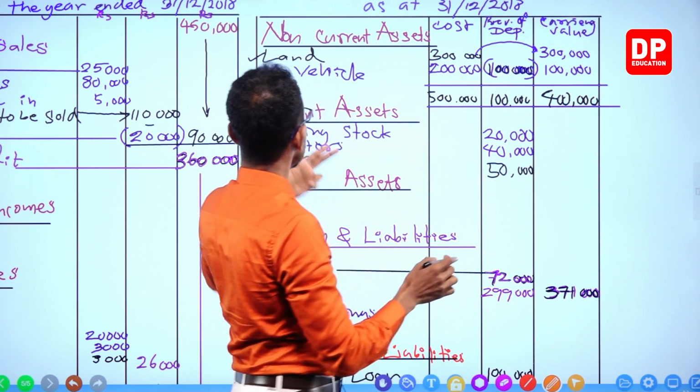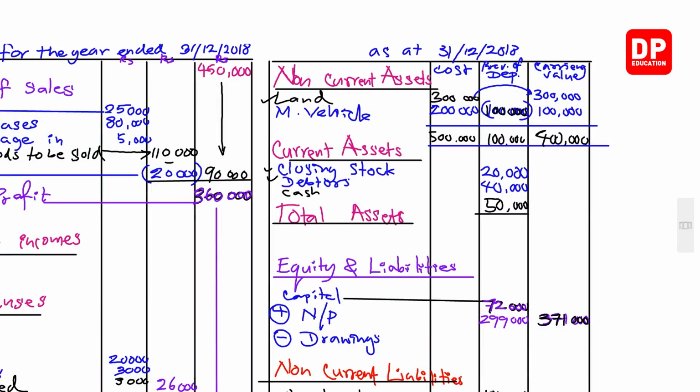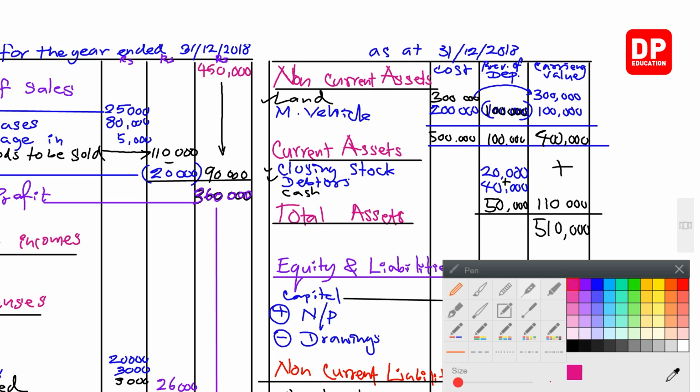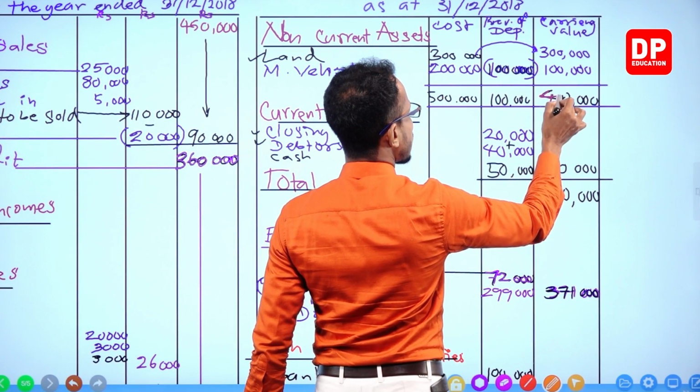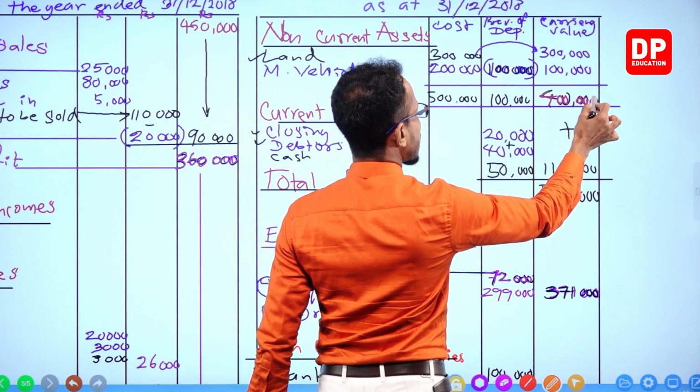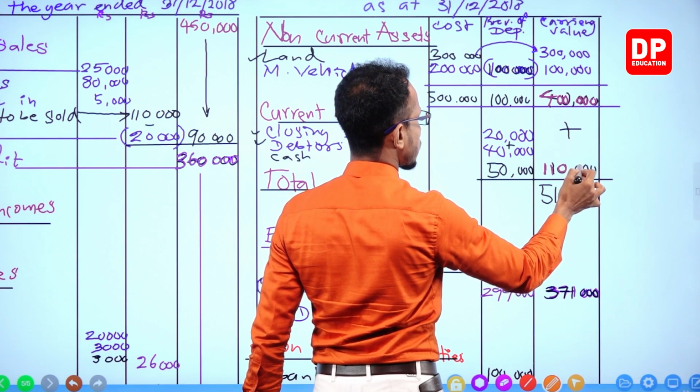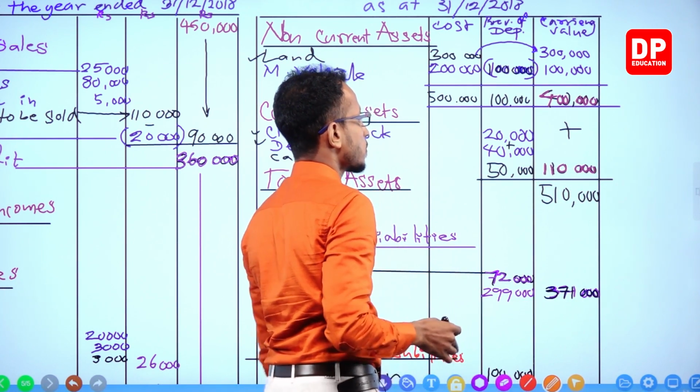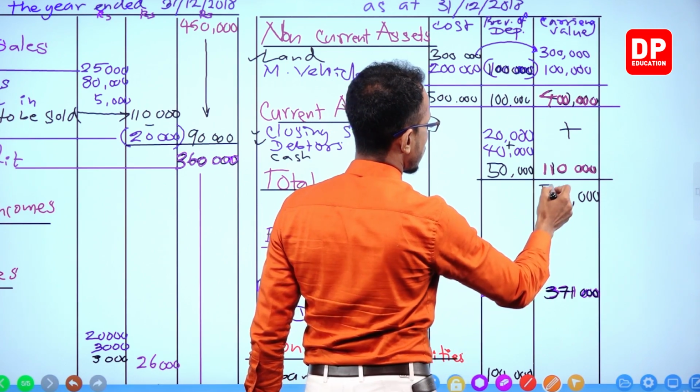Plus current assets total. How much? 40 plus 20, 60. 60 plus 50, 110. Non-current assets plus current assets, 400,000 plus 110, 510.